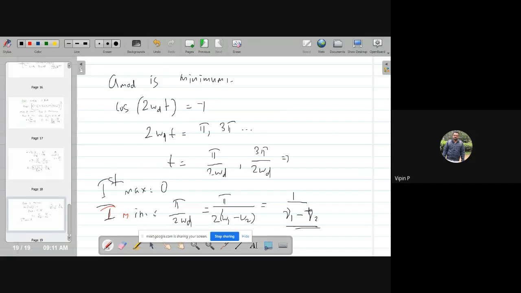Is it okay? Since omega d equals omega 1 minus omega 2 by 2, isn't it? So 2 omega d equals omega 1 minus omega 2. Sir, pi by 2 omega d equals pi by omega 1 minus omega 2. Yeah, correct.